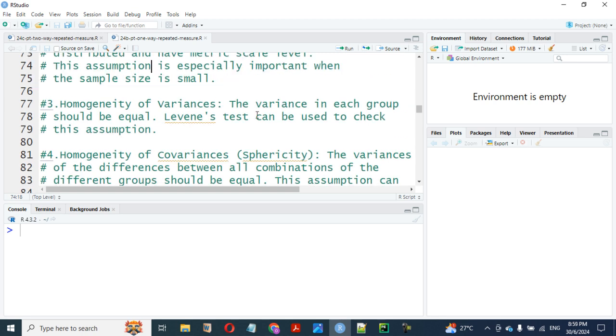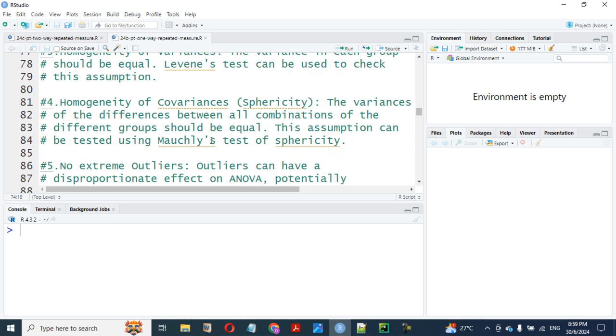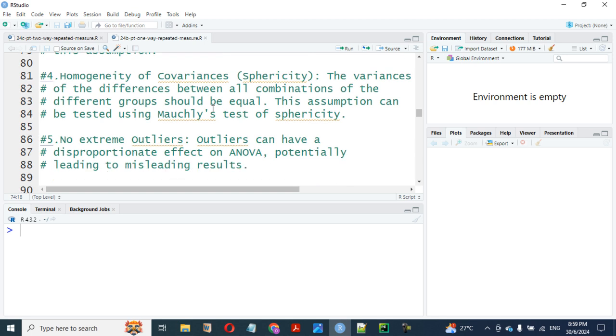This assumption can be tested using Mauchly's test of sphericity. It can also be checked in your analysis when you run your test, where you see the GES setting. So that's not a challenge.